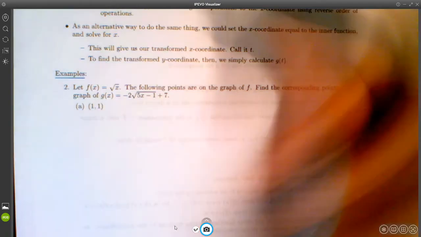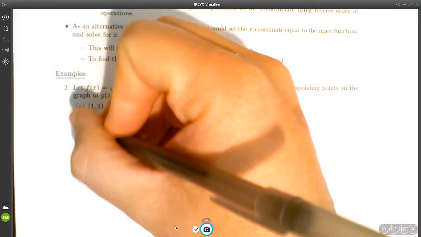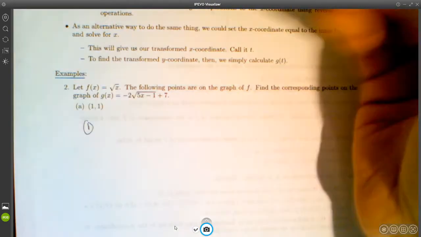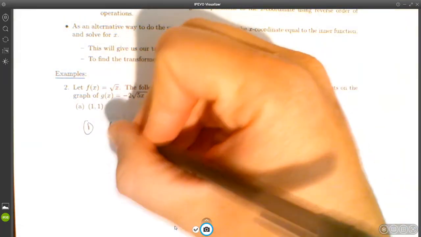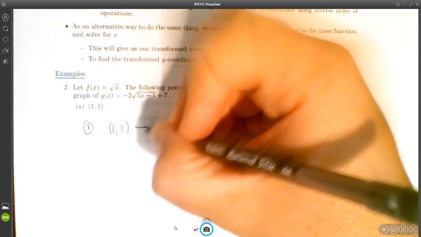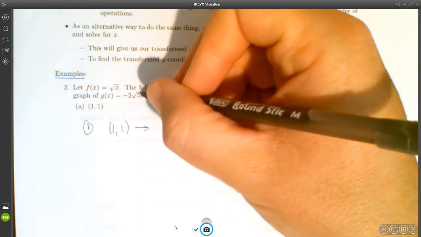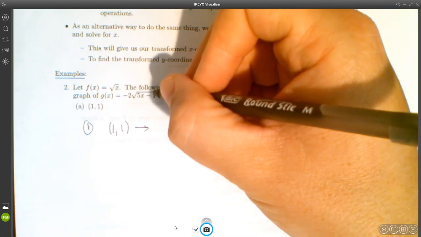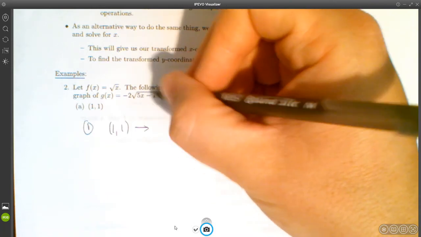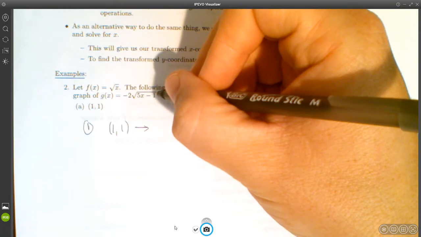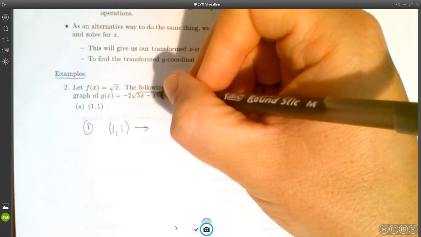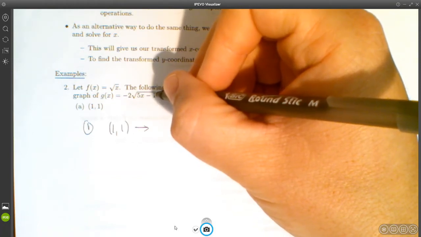Well, here's the first method. One way to find that would be to say, well, I'm going to take the point (1, 1), and I'm going to apply the transformations that I see here. So first of all, for the inner function, I have a 5x minus 1. That's going to manipulate the x-coordinate, but it's going to manipulate it in a way that I do the opposite of what I see in the opposite order of operations.